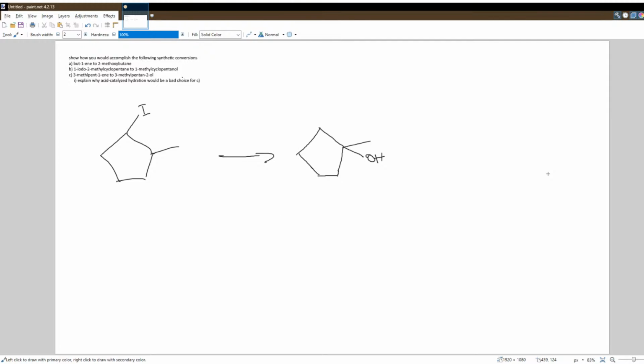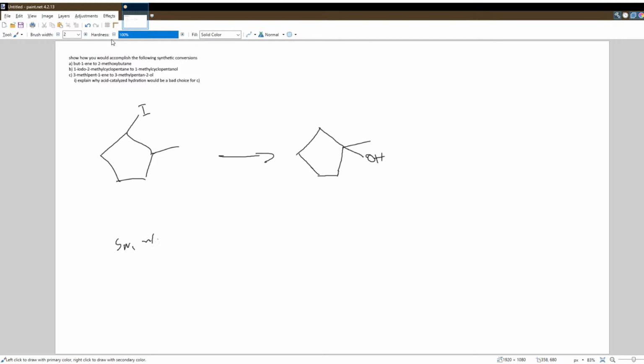Let's see, what can I do to this? I can dehydrohalogenate it to make an alkene. I can do a substitution reaction, an SN2. Maybe an SN2 with an alcohol, but you can't do SN2 with an alcohol because it's a weak nucleophile.